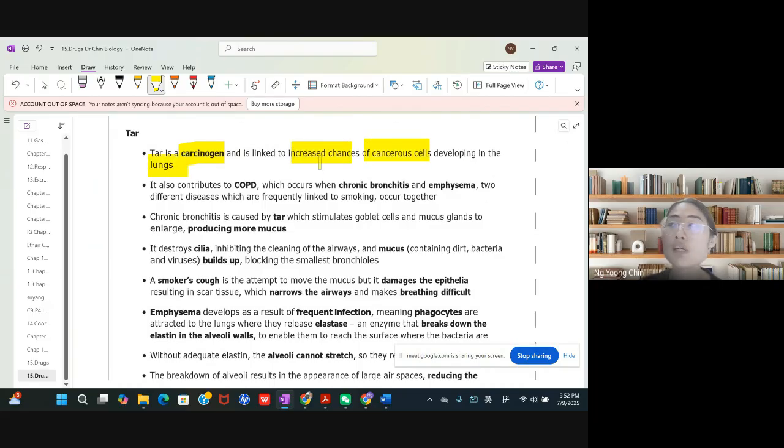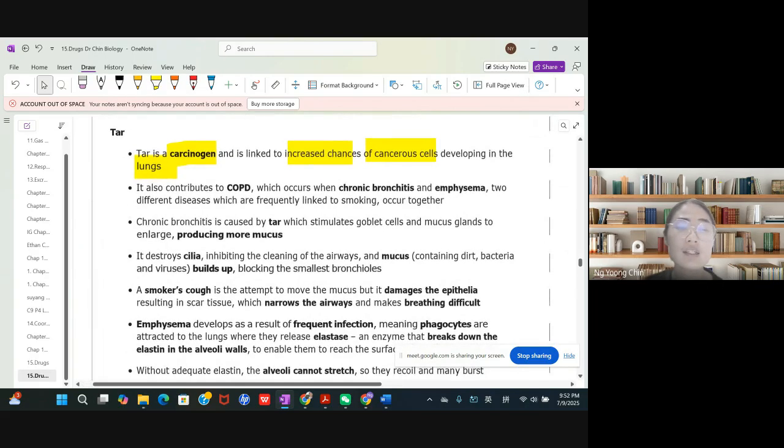For your information, in China, lung cancer is the most commonly affected cancer for the Chinese population. I think they smoke a lot, maybe. Lung cancer is followed by colon cancer.